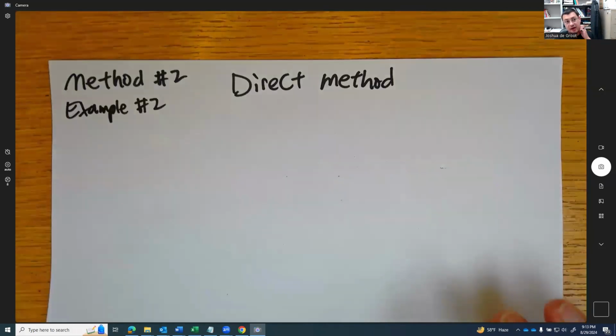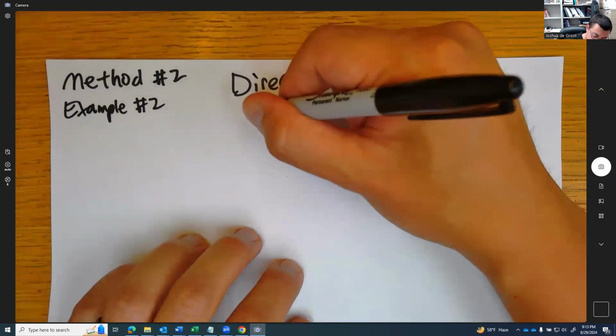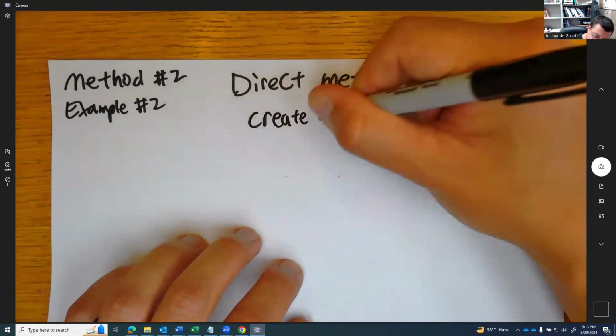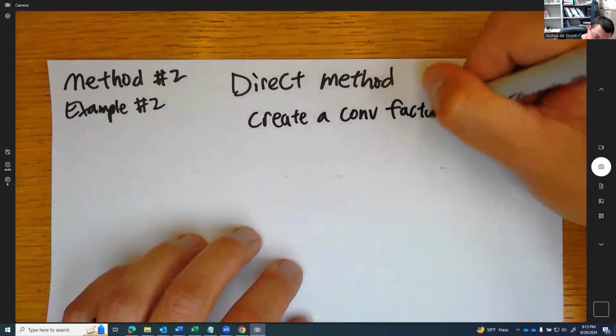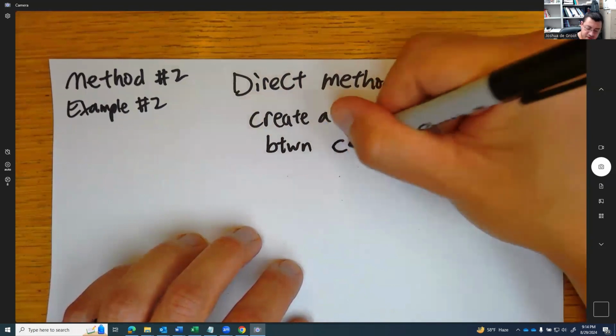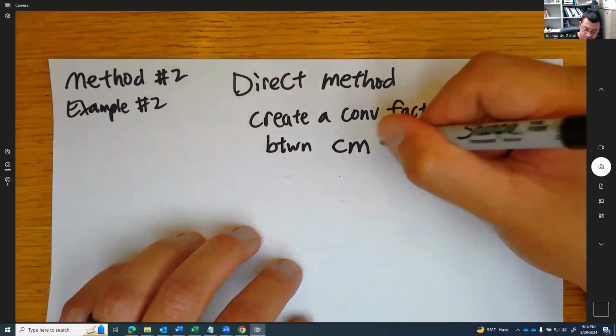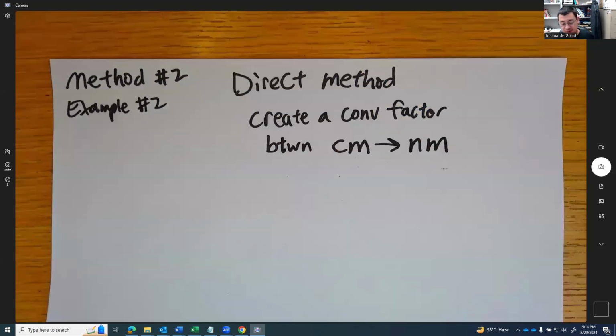Okay, direct method means you need to create a conversion factor between your starting unit of centimeters directly to your end unit of nanometers. Okay, you need something direct.